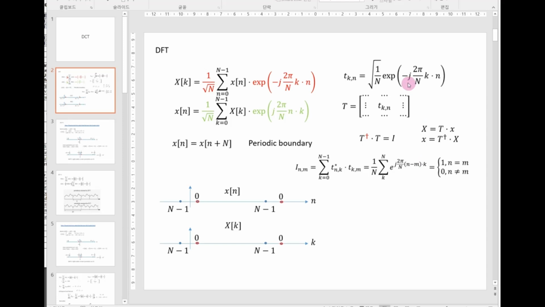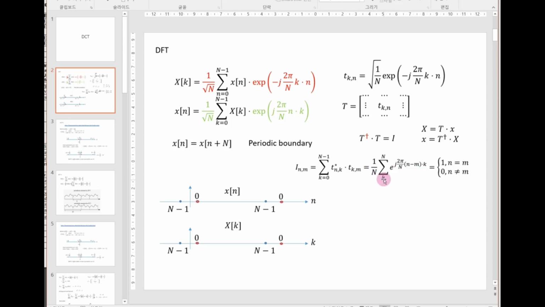You can replace the kn. km is just k and m, and the kn conjugate is plus j 2 pi over n times nk. If you replace the definition of T here and T km here, then you can find this result.